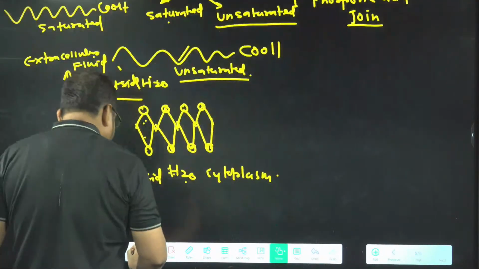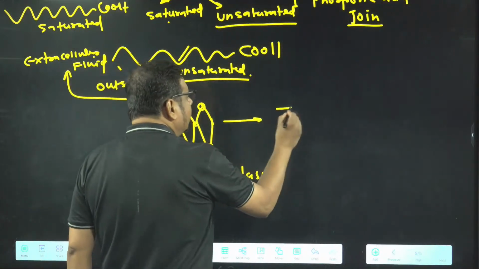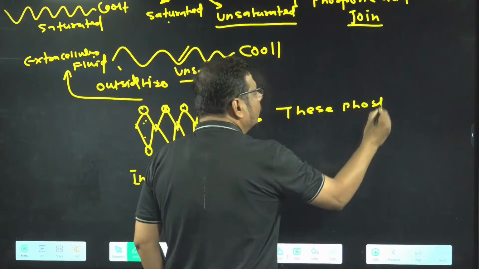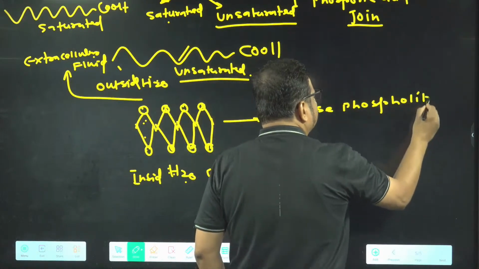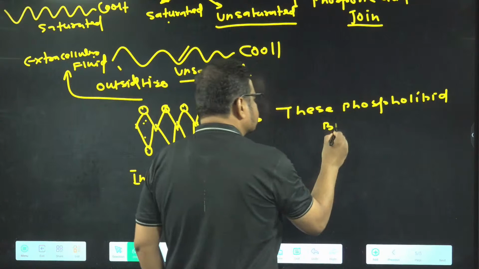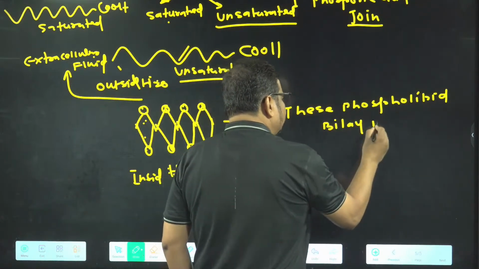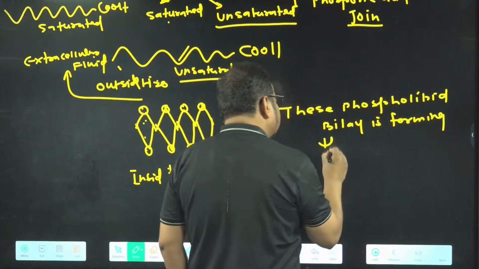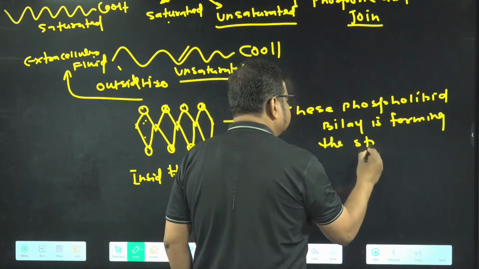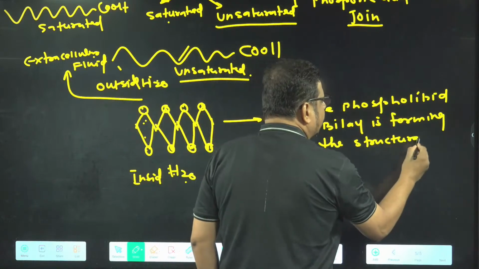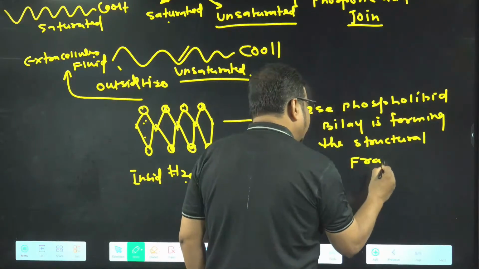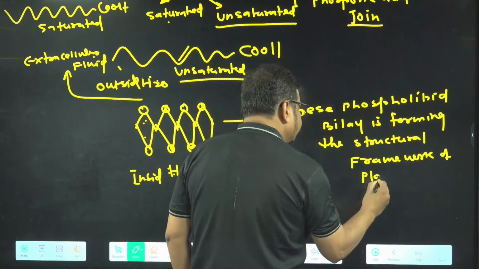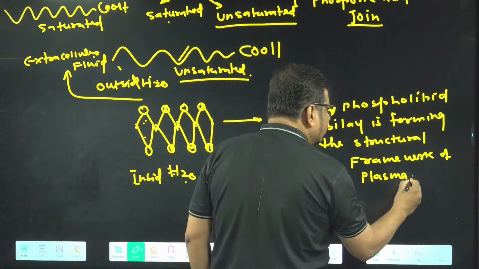Now I am telling something more. Have a look. This phospholipid bilayer is forming the structural framework of the plasma membrane. Who is forming the structural framework of the plasma membrane?